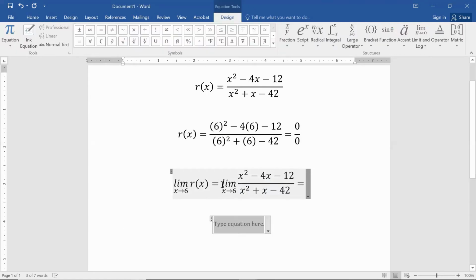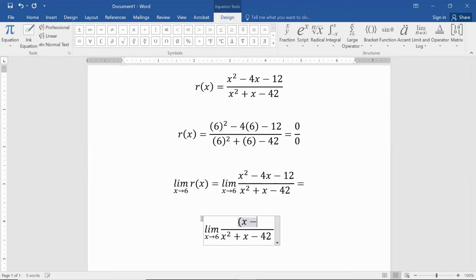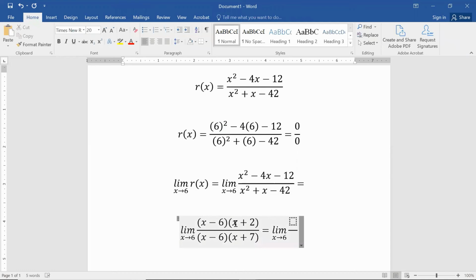If I factor the numerator, it factors into x minus 6 multiplied times x plus 2. The denominator factors into x minus 6 times x plus 7.